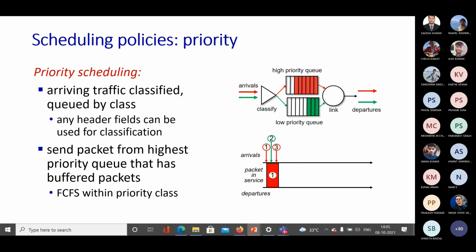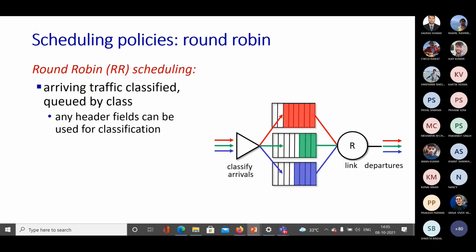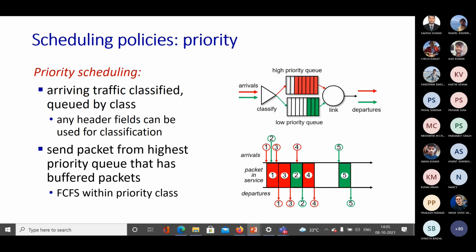So this is the sequence of arrival, and the sequence of service is that high priority packets are served first, they depart, and then we serve the low priority packets. This is what happens subsequently as and when packets are arriving at the queue. So this is what we had done in the last class.